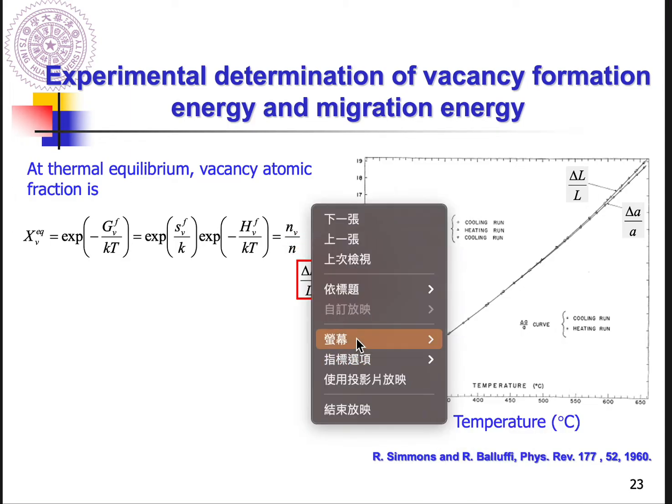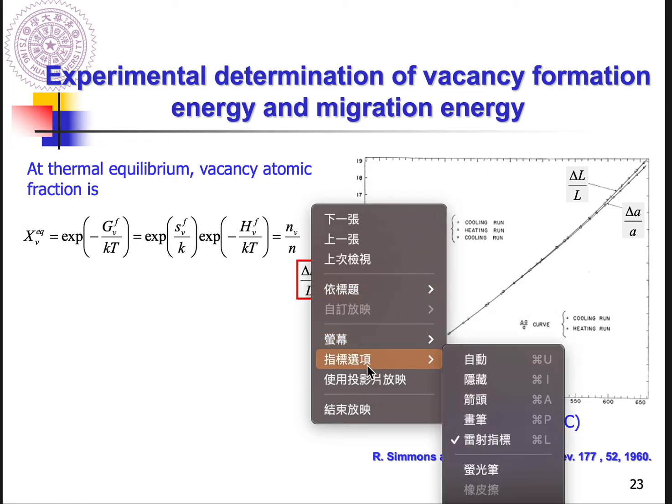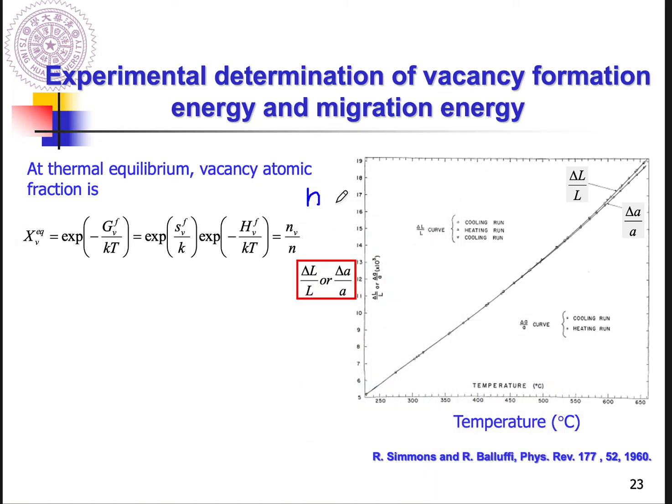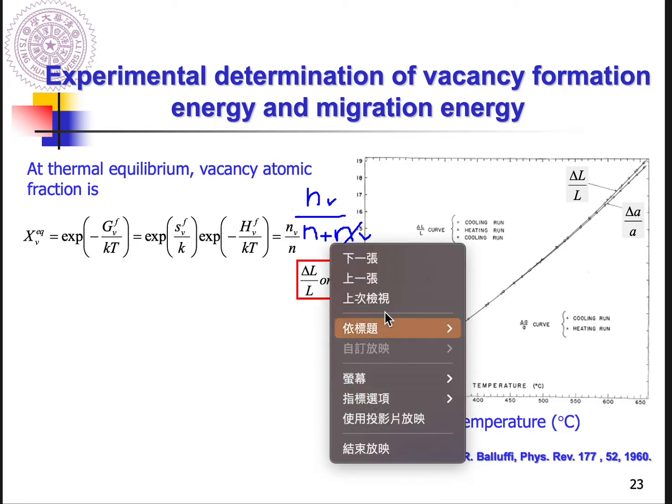And precisely, it equals NV over N plus NV, right? But as we know, N is much larger than NV, so it becomes NV over N here, right?